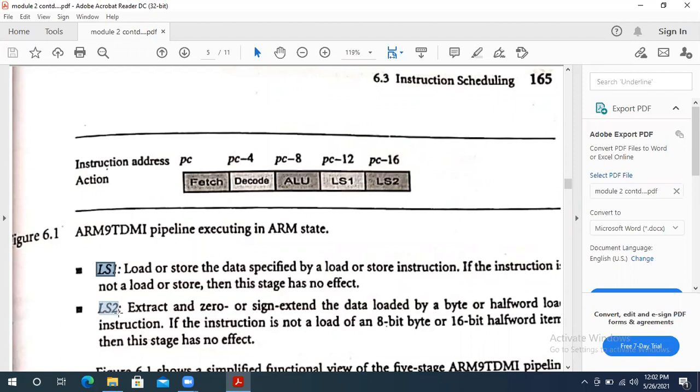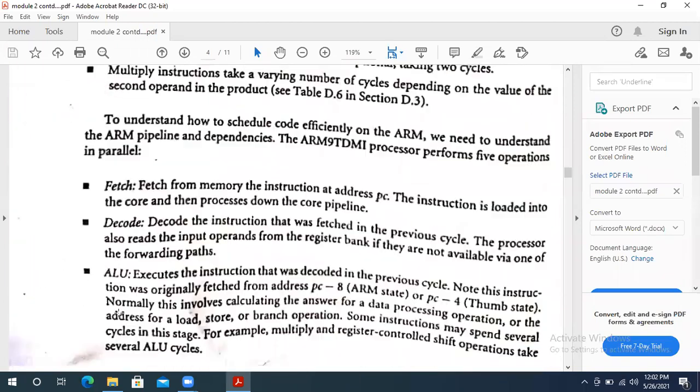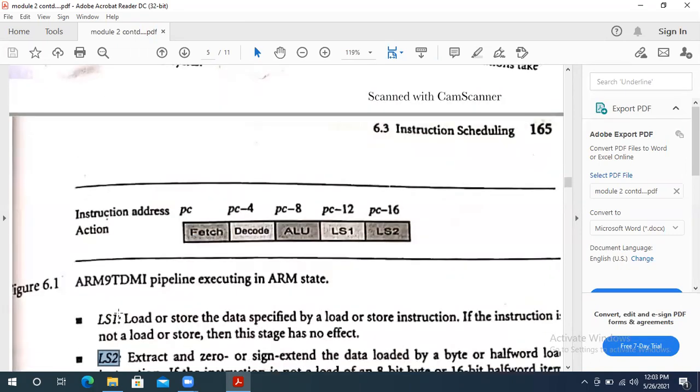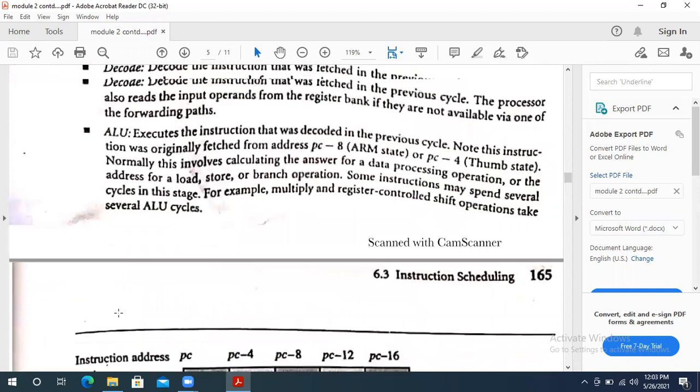So these are the 5 operations we have to perform for the R9 scheduling instructions here. The first one is fetch, second is decode, third is ALU, fourth is LS1, fifth is LS2. So LS is nothing but load store 1, load store 2. We'll discuss later what these LS1, LS2 are. We'll take them now one by one here.